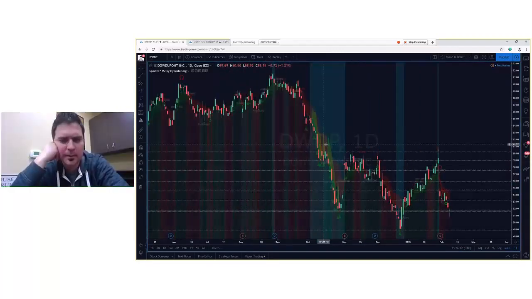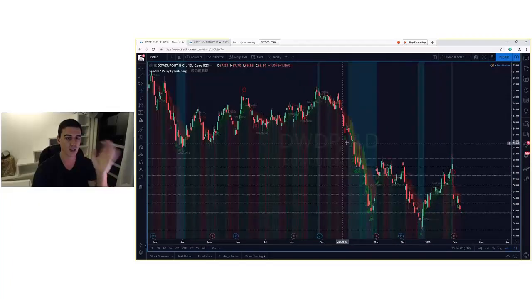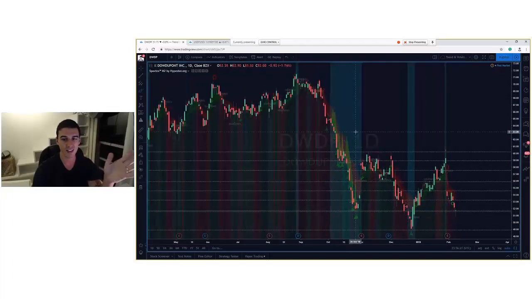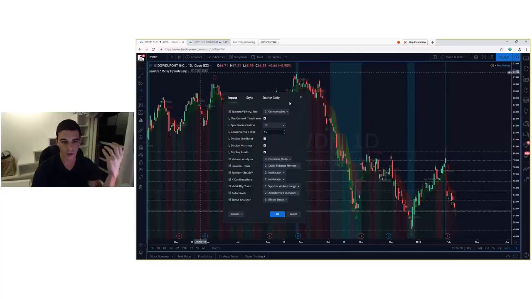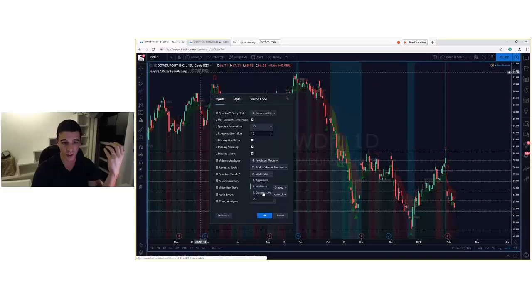Because you see, it's the good old catch the falling knife. Like I talked about it several times, I'm just too conservative. I don't like to trade this stuff simply because it's just too hard. It's dangerous. What I would do is set everything on super conservative, but still, I know all the indicators are going to go wild.